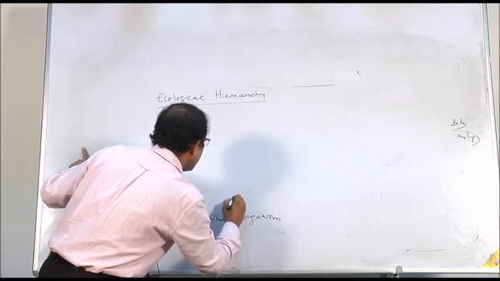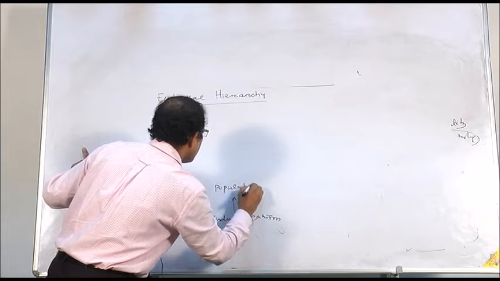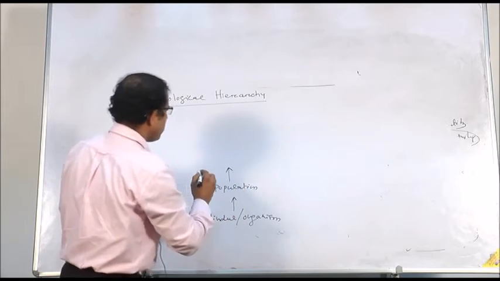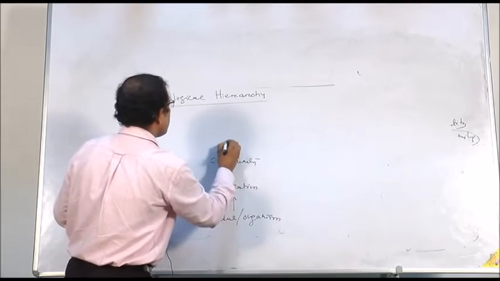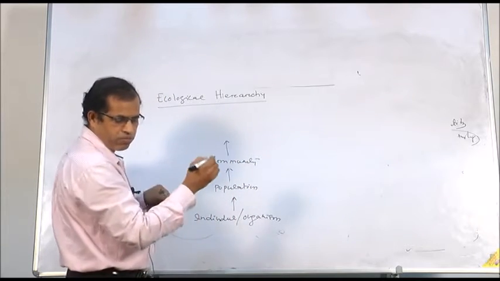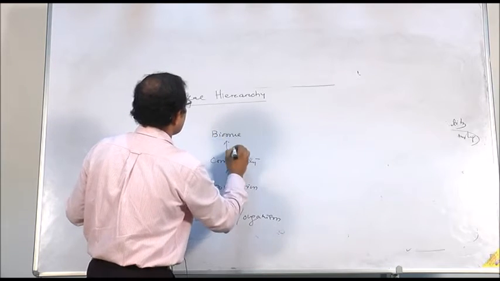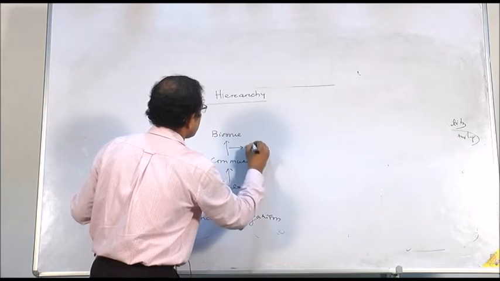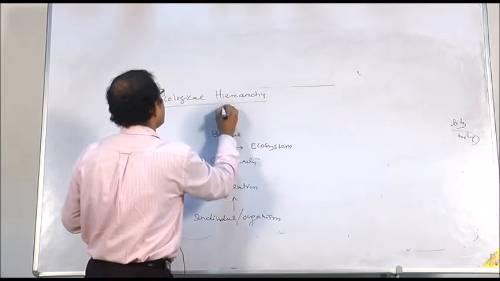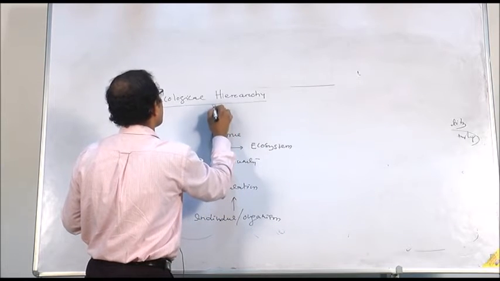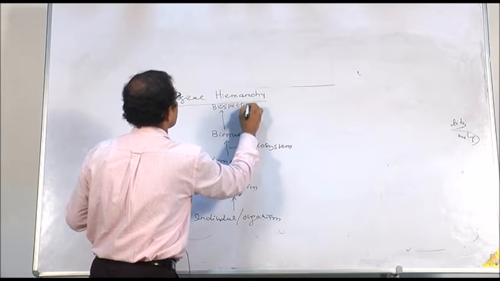From organism we move to the population. From population, you will find the community. From the community, you will find the biome. Sometimes in between you will find the ecosystem. From biome you will find the biosphere.